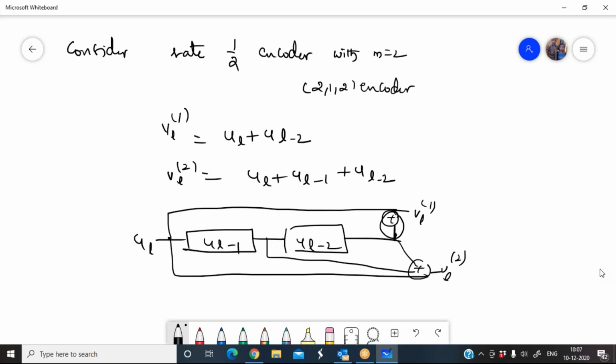Now I want to get the transfer function. That means first I want to draw the modified state diagram. In order to draw the modified state diagram, first you have to draw the state diagram. That means first you have to get the encoded sequence with the help of the graphical approach, that is the state diagram approach. I think we already completed this problem. Can anyone please tell me the state diagram? Open the problem once: what is the present state, what is the next state, what is the input, what is the output?